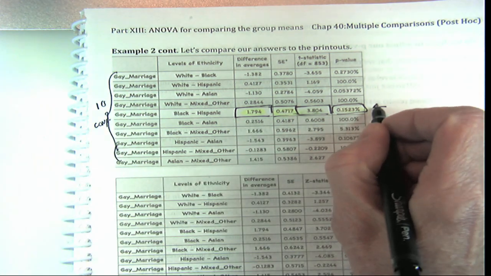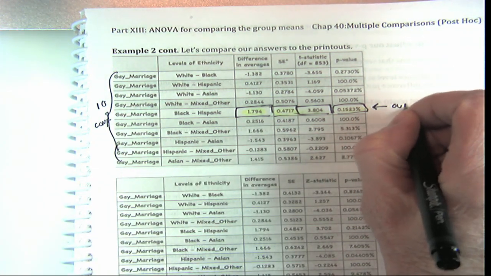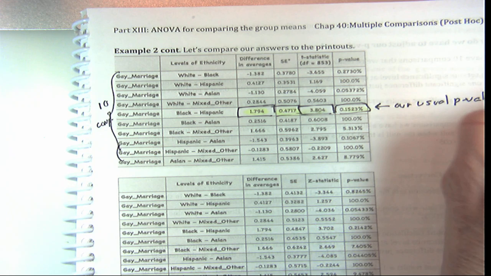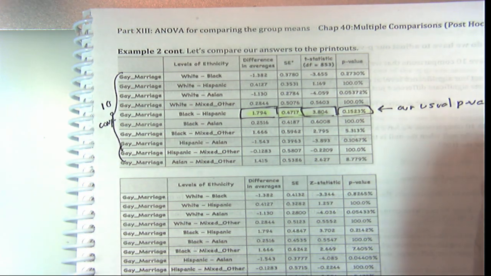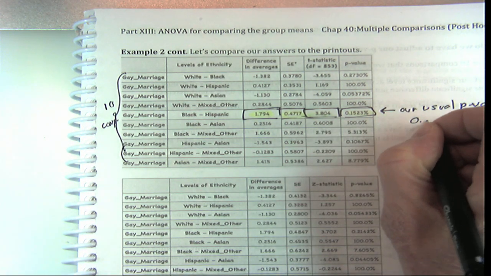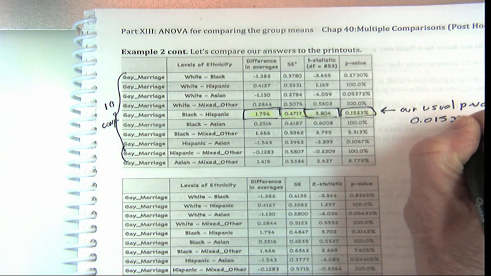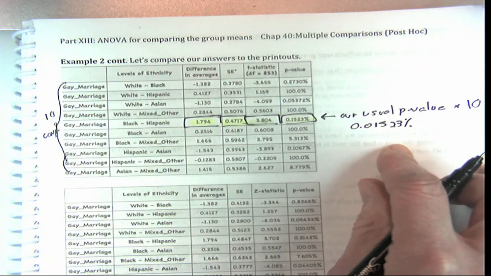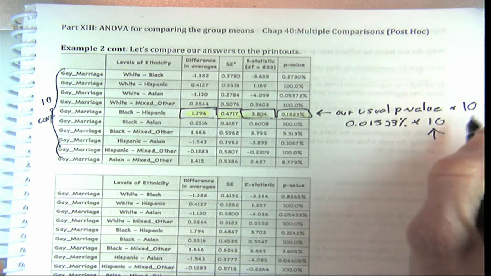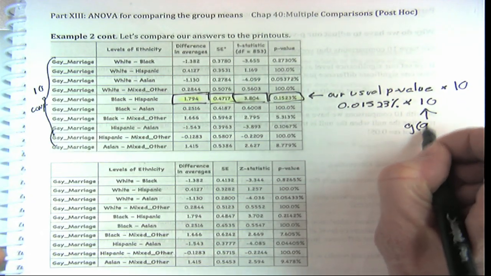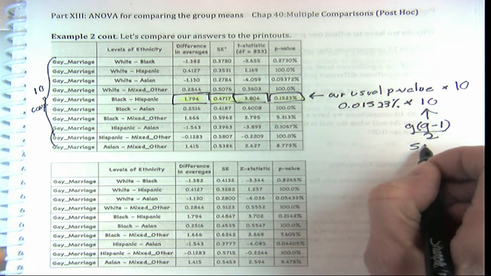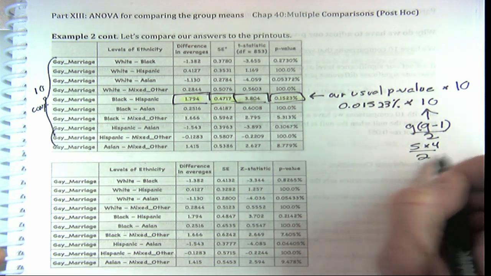So you know what this is? This is our usual p-value that we just computed, 0.01523%, times 10, because there are 10 pairwise comparisons, right? We're multiplying it by the number of pairwise comparisons, and in this case, that was 5 times 4 over 2, which is 10.